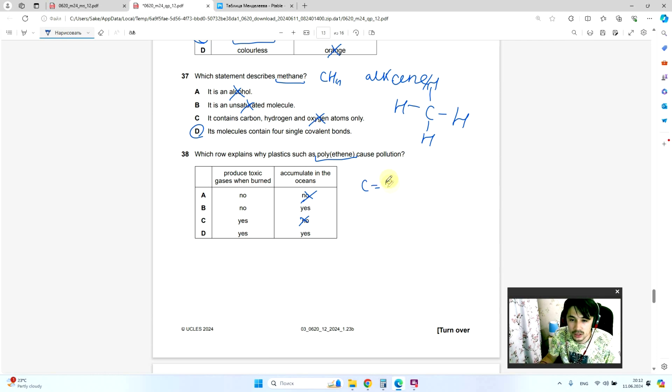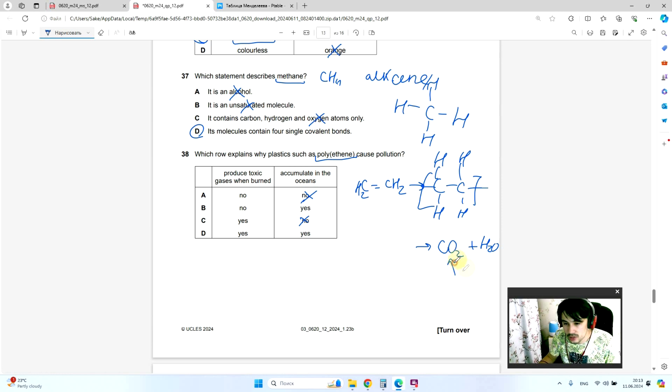So this was polymerized into this, and you need to answer, can this produce any harmful gases when burned? This reminds us of the alkane structure. When alkanes are burnt, they produce carbon dioxide and water. You need to tell whether these compounds are toxic.